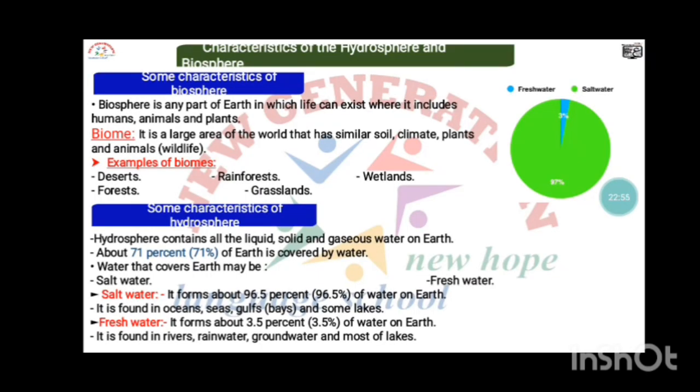And now some characteristics of biosphere. Biosphere is any part of Earth in which life can exist, where it includes, as we said, humans, animals, and plants. Now we have a concept, biome.